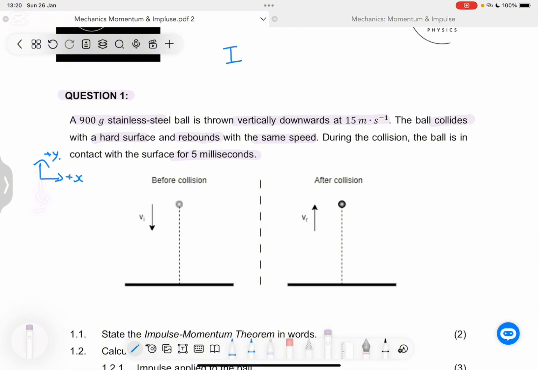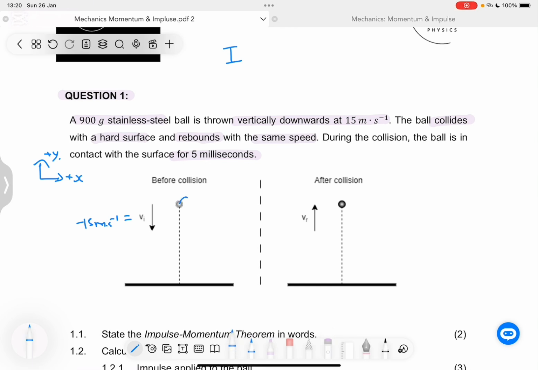This would mean that anything that goes down should be negative. Now, the ball is going down with a velocity of 15 meters per second, vertically downwards, as we can see here. This means I'm going to have a negative 15 meters per second since it is going in the negative direction.